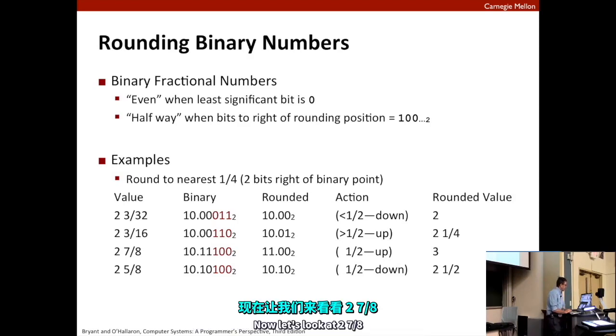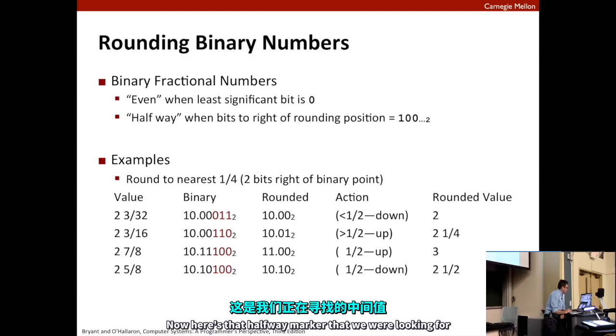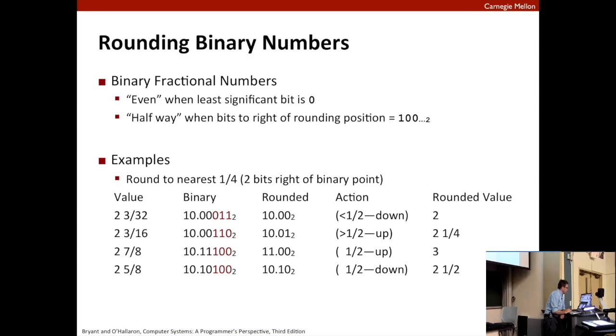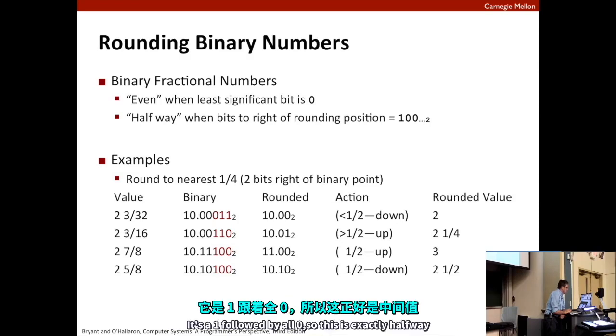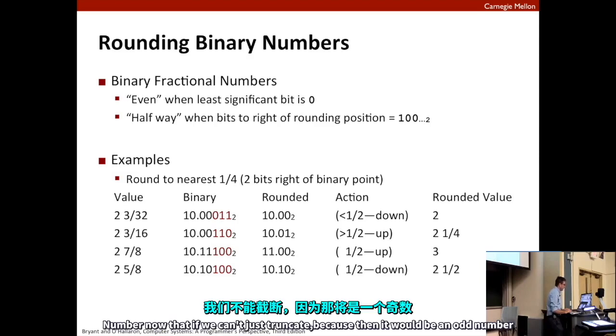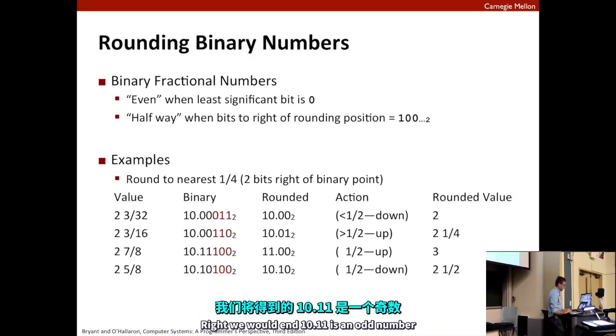Now let's look at 2 and 7/8. This is represented as 10.11100. Now here's that halfway marker we were looking for: a 1 followed by all zeros. So this is exactly halfway, and we have to round to the nearest even number. We can't just truncate, because then it would end in 0.11, which is an odd number.